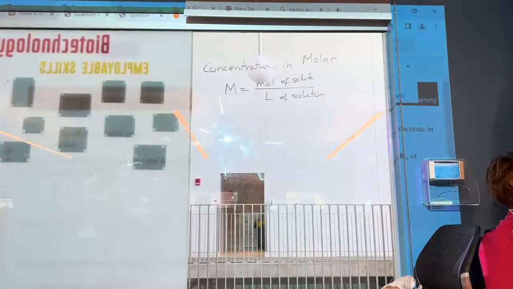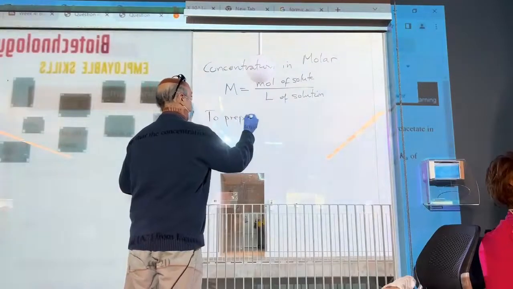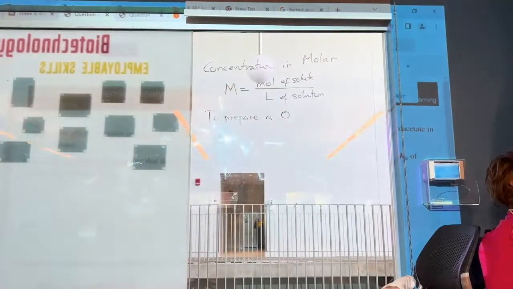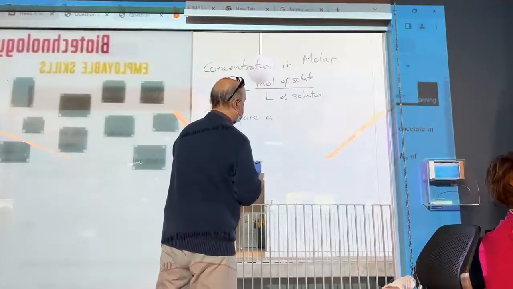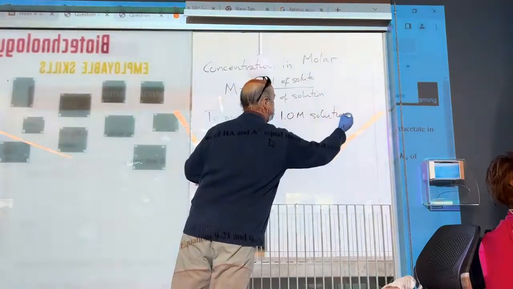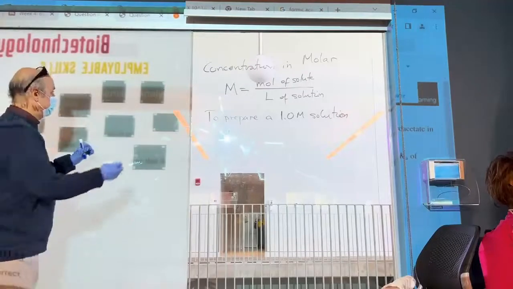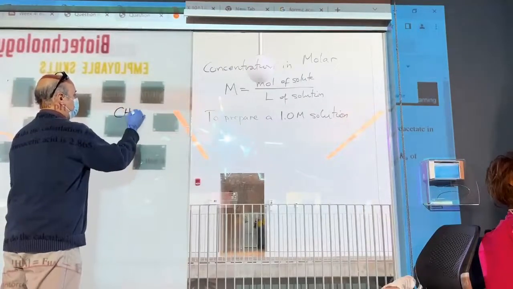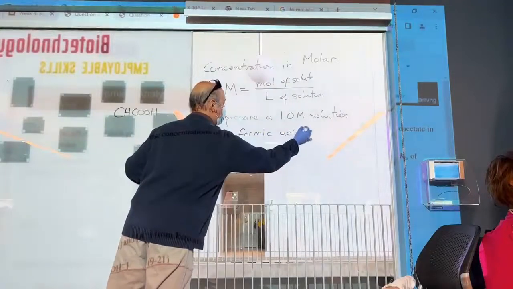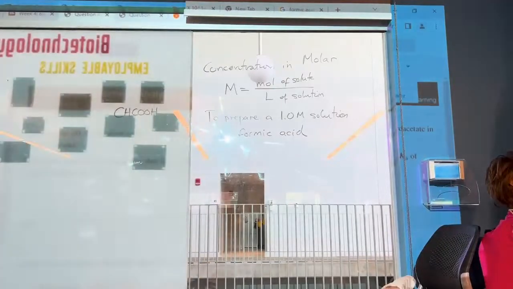So if you want to prepare, let's start easy, let's do it even easier, a 1 molar solution of, if we do it for formic acid, just because we've been using it, what you will need to do, and let's make it easy again.